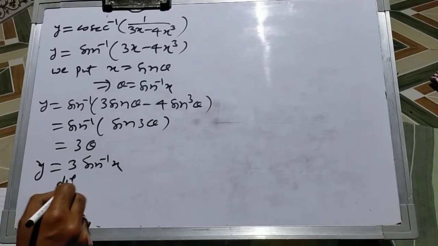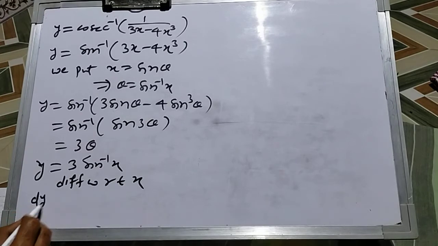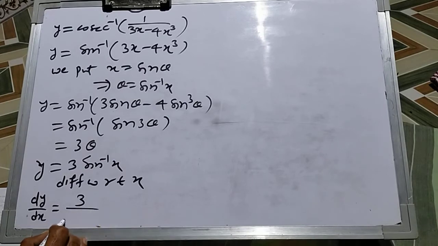Differentiate with respect to x. So dy by dx is equal to 3 times the derivative of sine inverse of x, which is 1 divided by root 1 minus x square. So the answer will be 3 divided by root 1 minus x square.